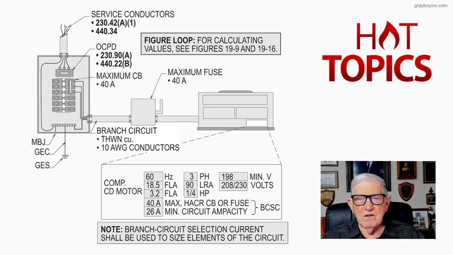Of course, designers are going to know what to do because they perform this type of installation in design many times. So that's mainly what this figure 19-1A is illustrating. Branch circuit selection current values from 440.4C on page 336 in your NEC.